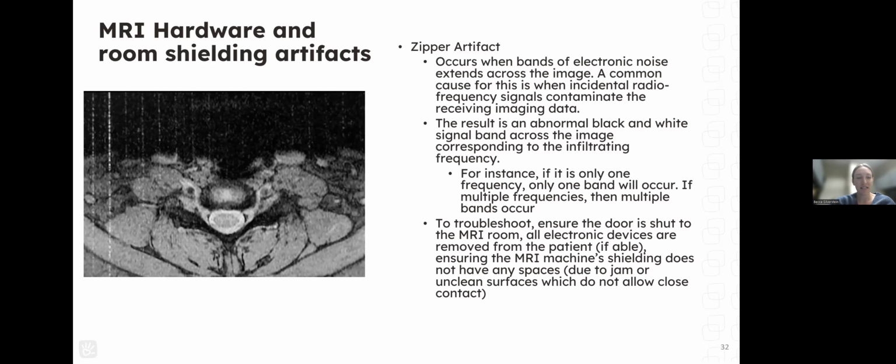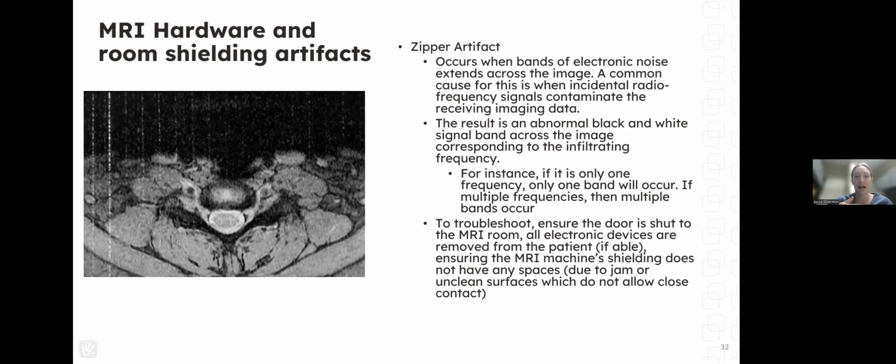If you see one band, that means there's one frequency that is disrupting the image, versus if you were to see multiple bands at multiple different frequencies, then there are a lot of different artifacts being displayed onto this image. To troubleshoot this, you will make sure that the door is shut to the MRI room, electronic devices are removed from the patient if you're able to, and ensure that the MRI machine's shielding does not have any spaces.